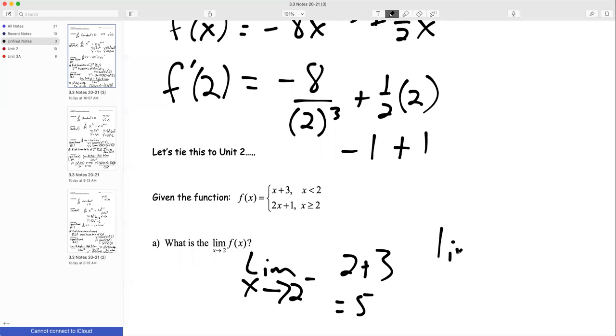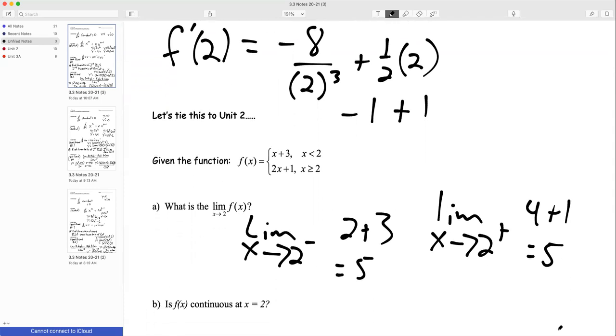And the limit as x goes to 2 on the positive side, I plug in 2, that gives me 4 plus 1, which gives me 5. Does the limit exist? Yes, so the limit as x approaches 2 of f of x is equal to 5, because the left-hand side is 5 and the right-hand side is 5.